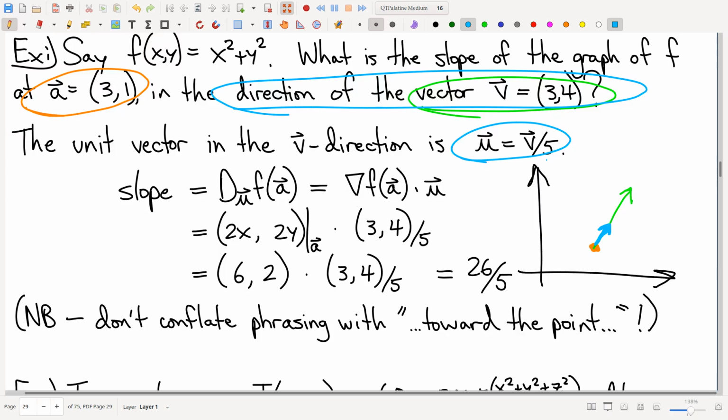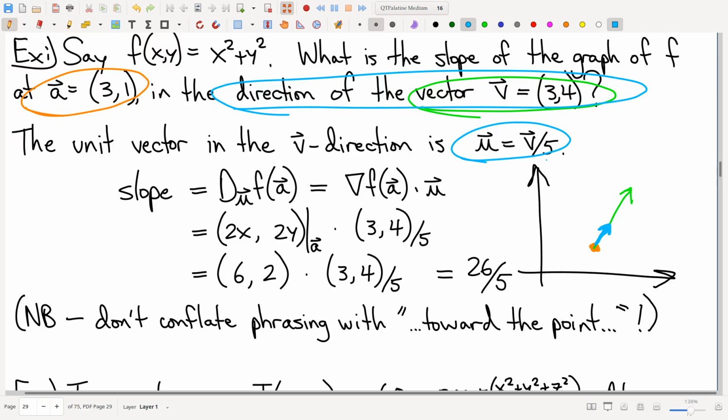Let me show you the mistake that a lot of students will make. A lot of students will misinterpret direction of the vector as toward the point 3, 4, and that is not what it says. Right? This says vector 3, 4. Vectors do not have locations. Vectors are not points. It's not the same thing. We're not at the point 3, 4 in any sense. Right? 3, 4 is defining a direction.